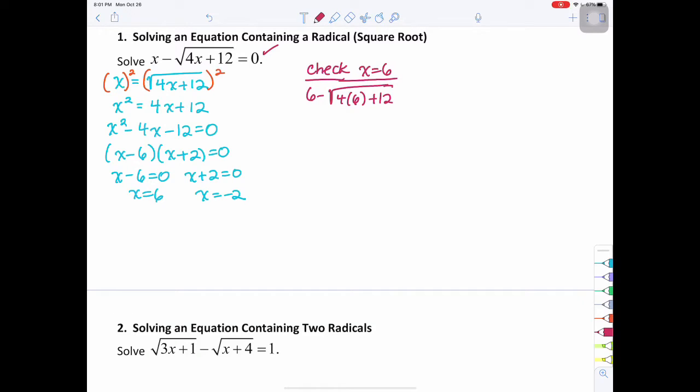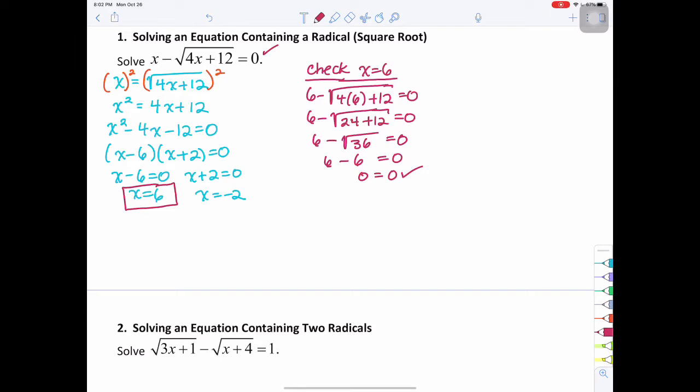We're going to check and see if that's equal to 0. 6 minus the square root of 24 plus 12. 6 minus the square root of 36. It looks like 6 minus 6 equals 0. 0 equals 0. Check. We have ourselves a solution.